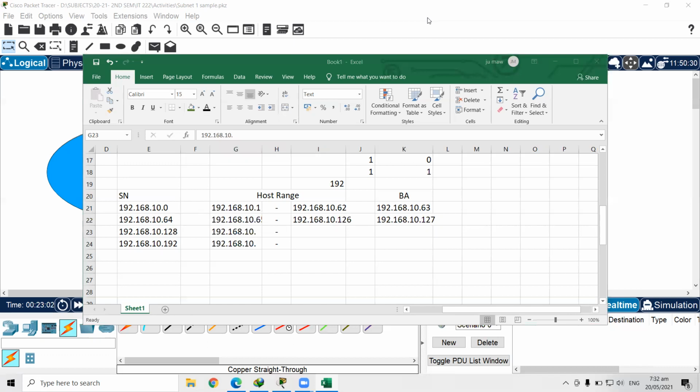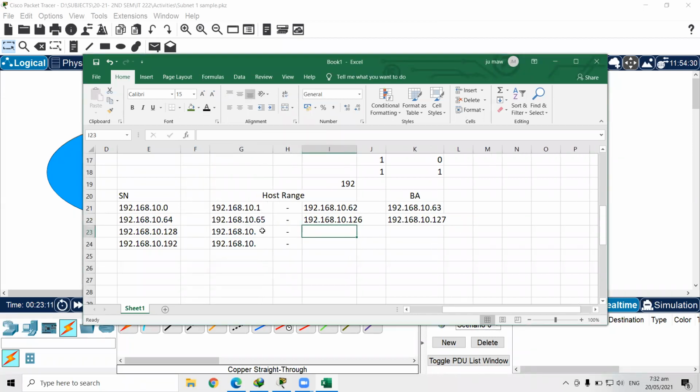Okay, identify muna natin. 193. So, this is 191. So, ito will be 129.